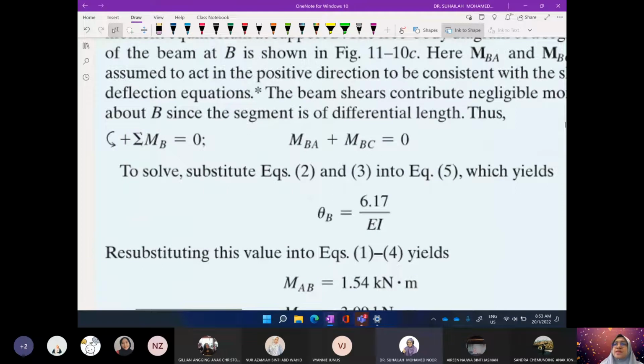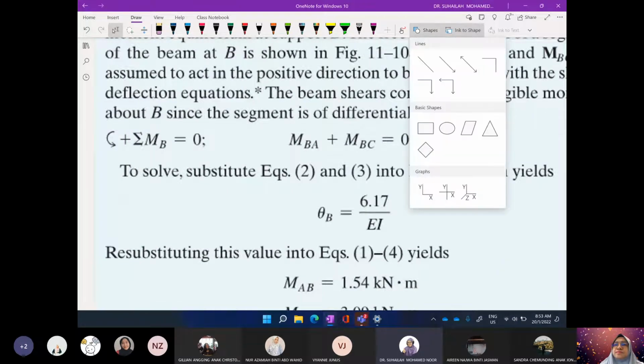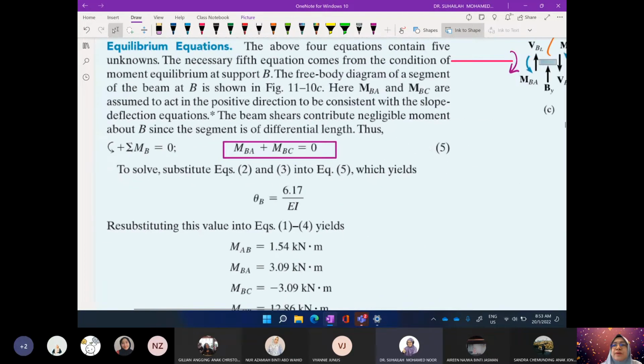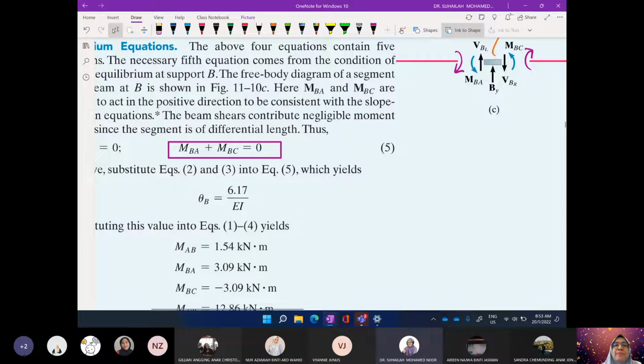There is another thing. MBA plus MBC, because it is beam, right? MB is equal to 0. We get this because of this.